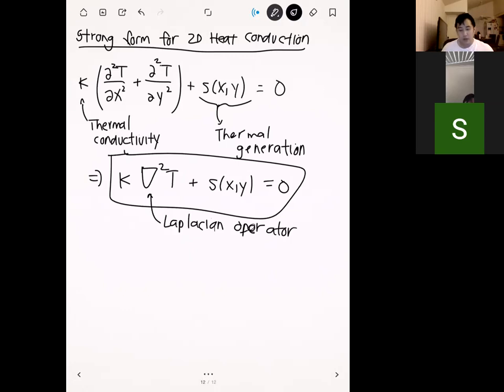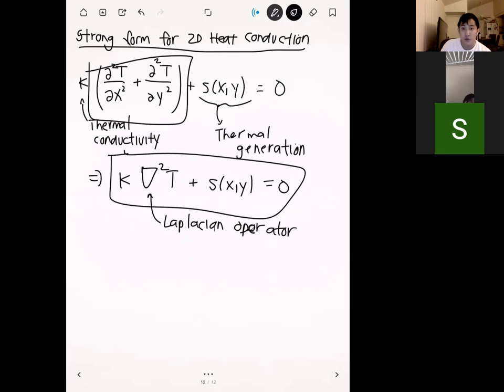The Laplacian operator is what you'll traditionally see in a lot of textbooks on multidimensional topics, just because it's a lot easier to write. But remember, the Laplacian operator represents this fact right here. If you have the Laplacian of T in 2D, that's nothing more than partial squared T partial x squared plus partial squared T partial y squared.